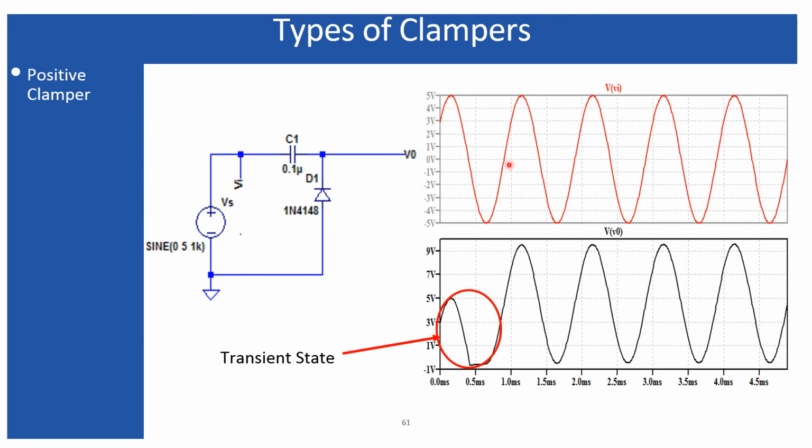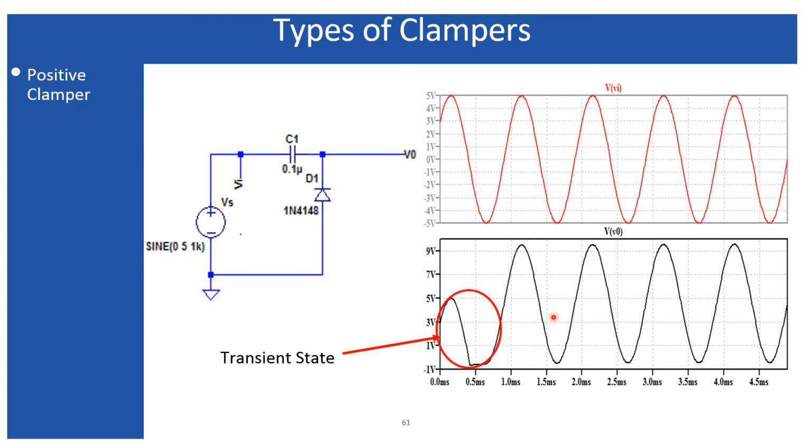So say for example, this is the input signal. It is oscillating between plus 5 to minus 5, and it was symmetric with respect to the zero reference voltage. So it has no DC part. But once you obtain the output from either of these clamper circuits, you are obtaining a shifted version of the input signal. Either it is shifted in the positive direction due to the positive clamping operation, or it is shifted towards the negative side due to the negative clamping operation.